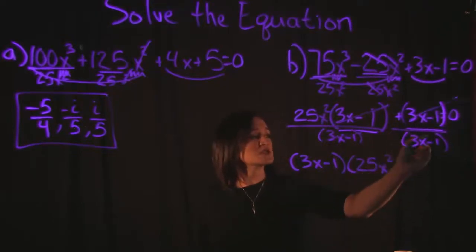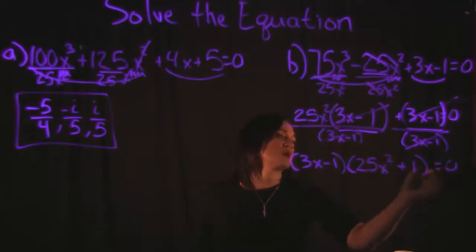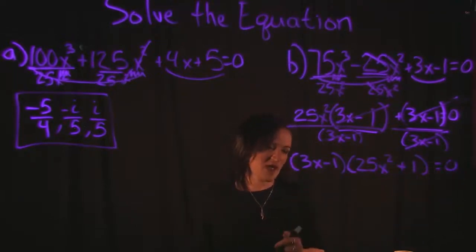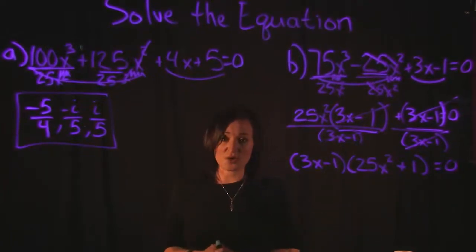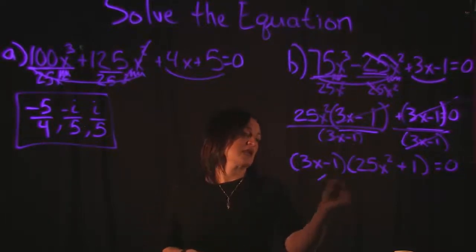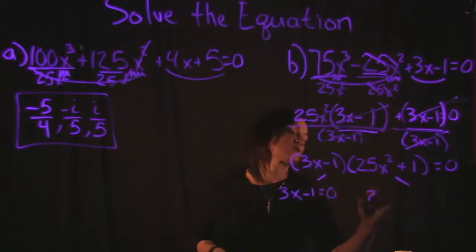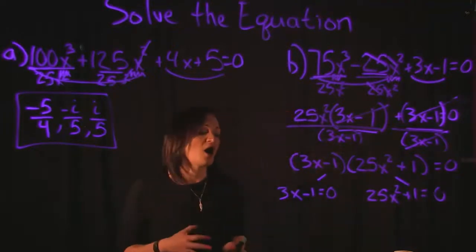And then 3x minus 1 cancels with 3x minus 1, leaving us with a positive 1 there. So here we're left with our two factors that equal 0. We can use the zero factor property once again that says that we can split up each one of our factors and set them each equal to 0 and solve.